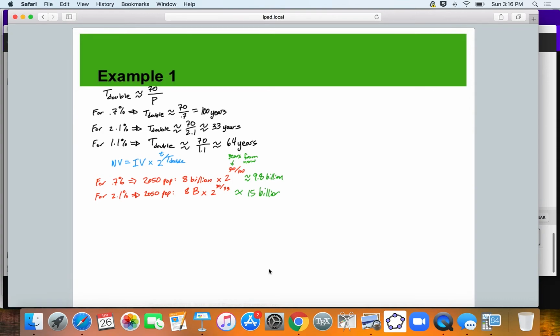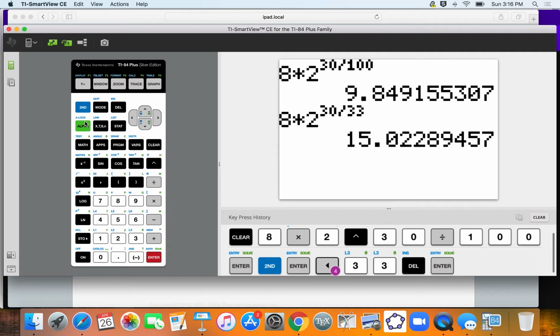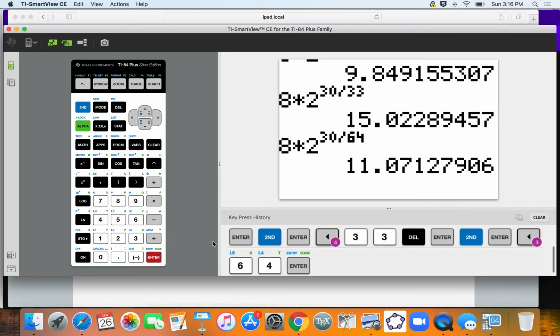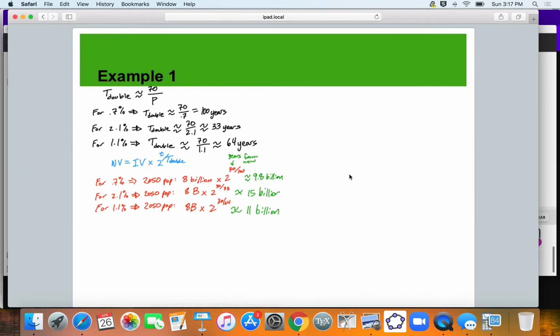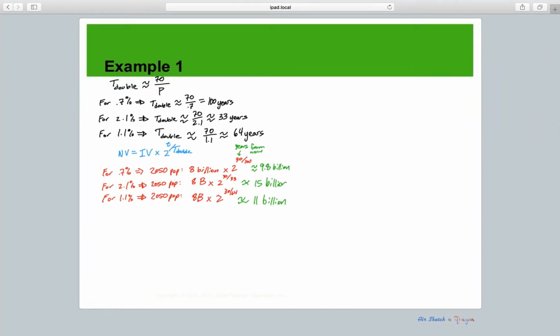And finally, for 1.1%, the 2050 population is 8 billion times 2 to the 30 over 64. And so that's 11 billion. So we see drastically different results with seemingly small changes in the annual rate.